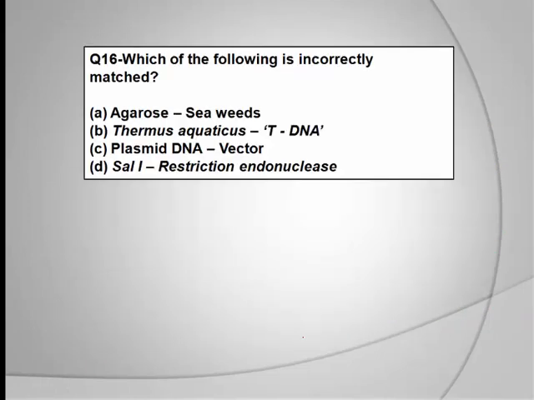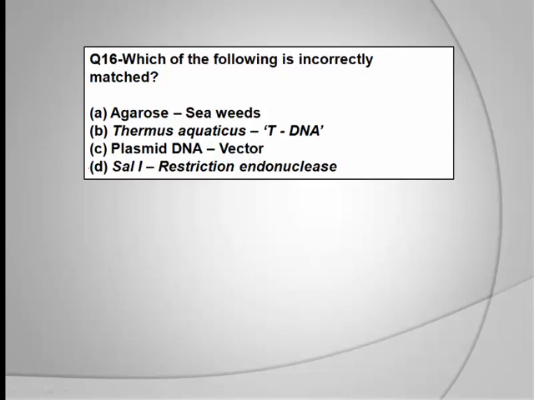Next, which of the following is correctly matched? That is what we have to identify. Agarose seaweed, Thermus aquaticus tDNA, then plasmid DNA vector SAL1 restriction endonuclease.